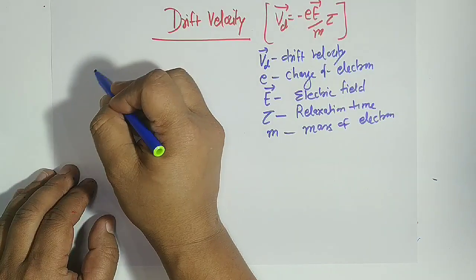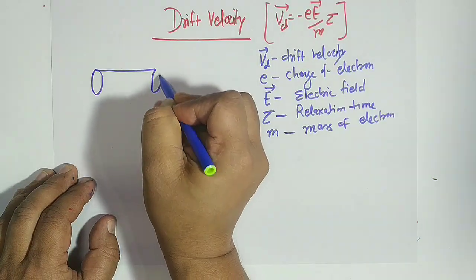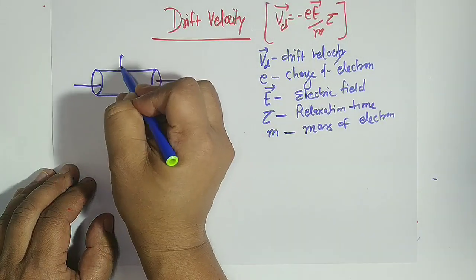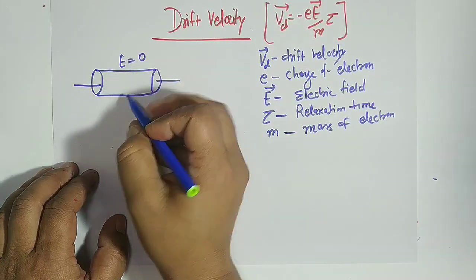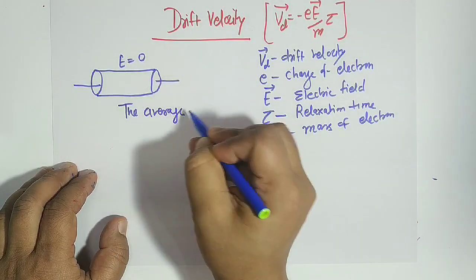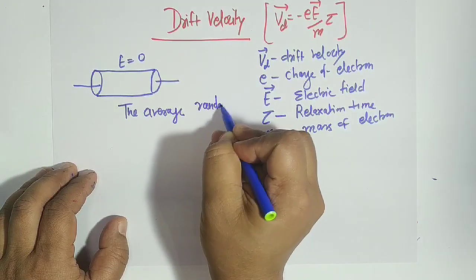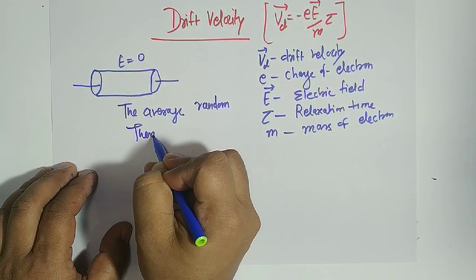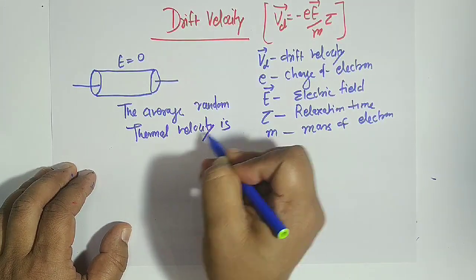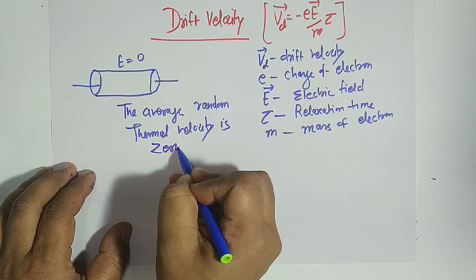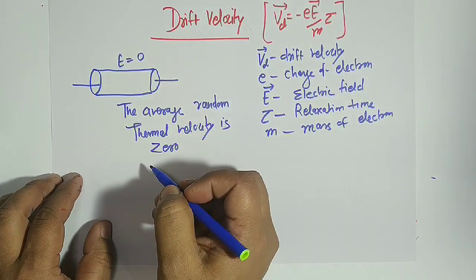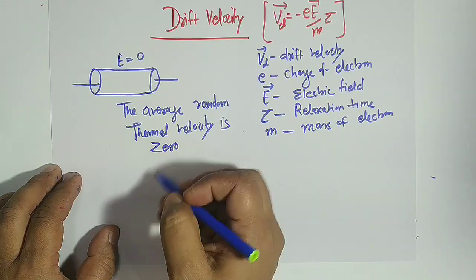Now already I have explained, if there is a conductor where the electric field is zero, then the average random thermal velocity is zero. Already I have explained it. It will be zero, because the collisions inside the conductor due to the thermal velocity will make it zero.